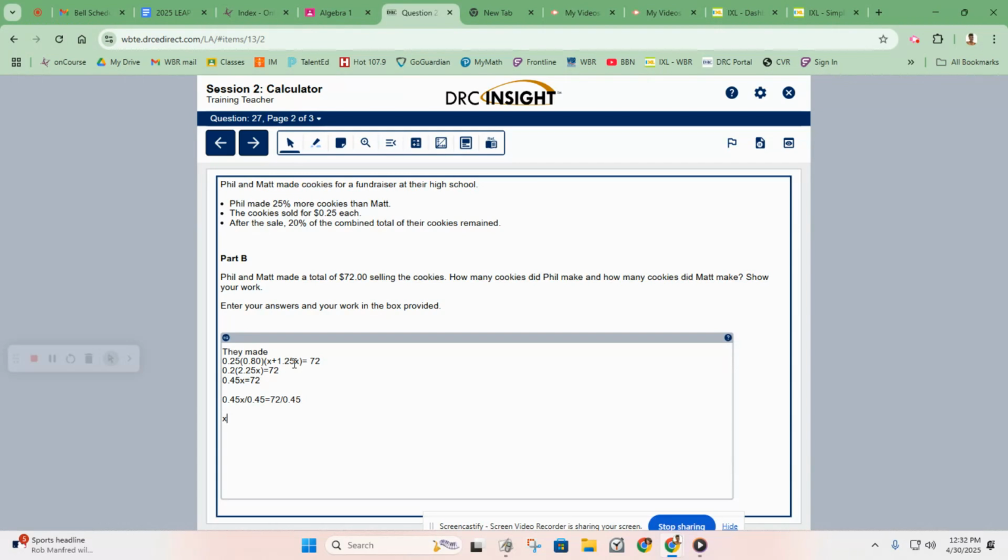I end up getting that x will equal, so let's do 72 divided by 0.45, 160. I have to go back and think about what x is representing. X is representing the amount Matt made. So what that tells me is Matt made 160 cookies and Phil made 1.25, 125% of Matt's cookies, which was 160.